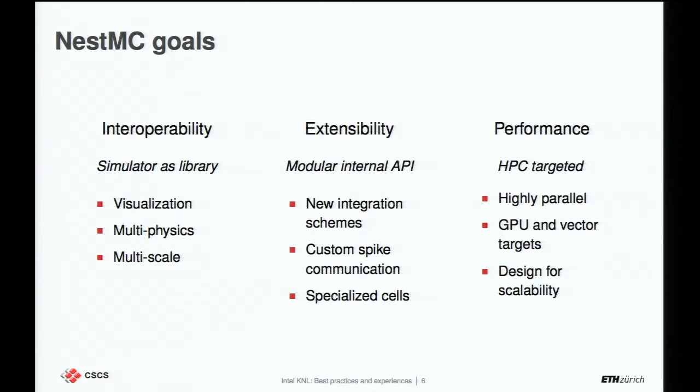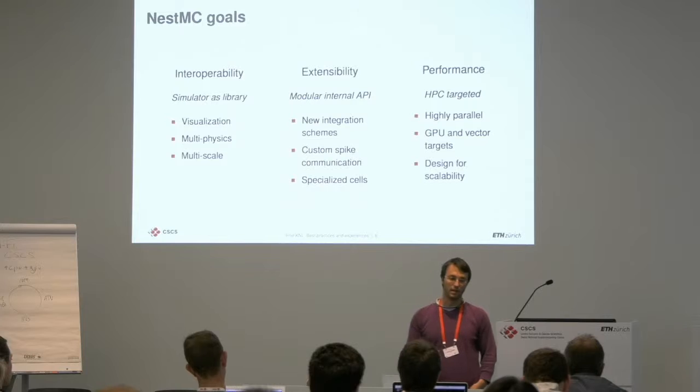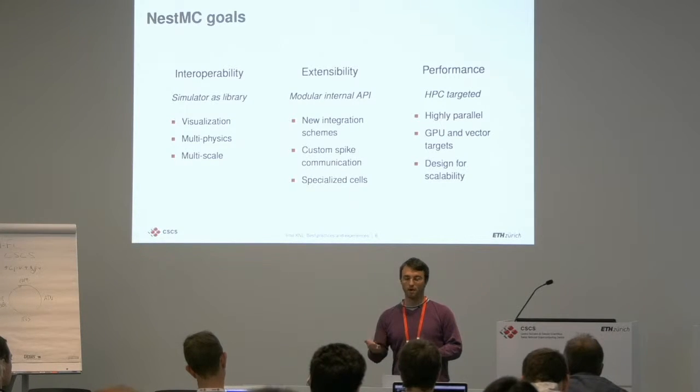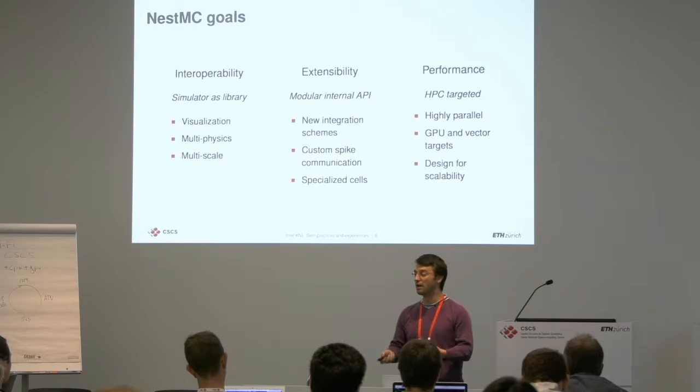So even internally, it's layered. I'm going to show in one of the next slides how this looks conceptually. And of course, the third goal is performance. It's designed from the beginning with the aim of running on new highly parallel architectures.